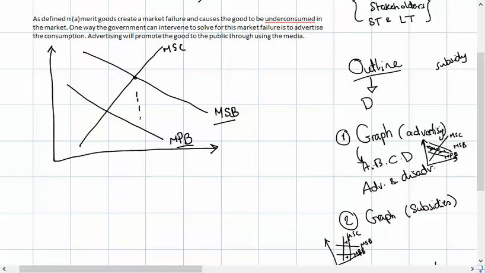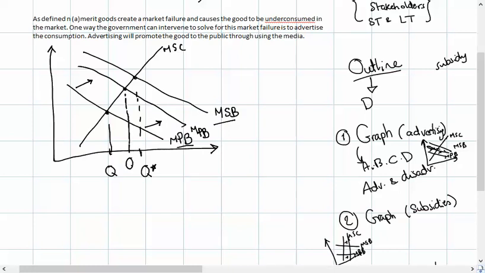So this represents Q star, and this represents the quantity that's consumed in the market. What advertising intends to do is increase the demand of the consumers, increasing their preference and taste for that good, shifting their private consumer demand, and getting the quantity of the market to be closer to the socially optimum.